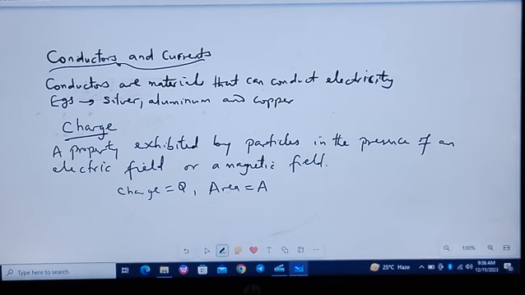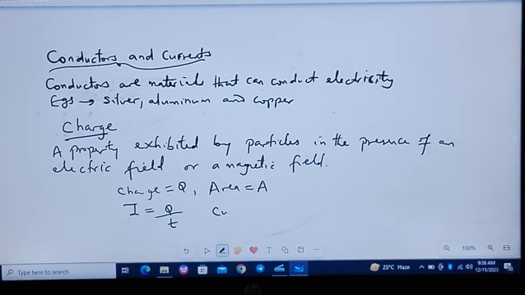So we can define current I as the charge flowing across a cross-sectional area per unit time.